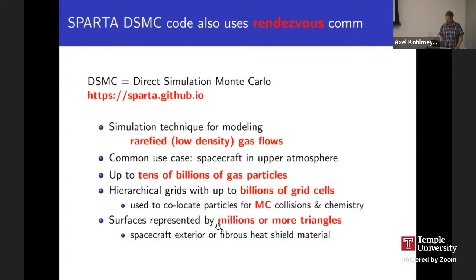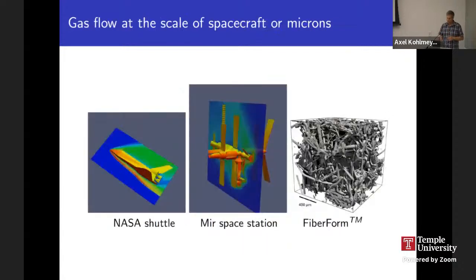So if you have a surface, it might be represented by as many as millions of triangles for a complex spacecraft, or even more triangles than that at a very tiny scale for a fibrous heat shield, which I'll show you. So here are three little pictures from Sparta simulations. This is flow around the NASA shuttle, the Mir space station. And then this is a little snapshot. The length scale here is about 1 millimeter on a side. This little fibrous heat shield material has detail at a very fine scale.